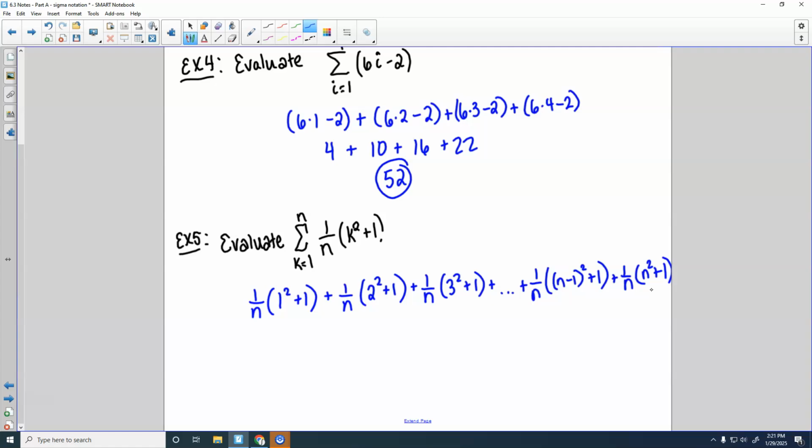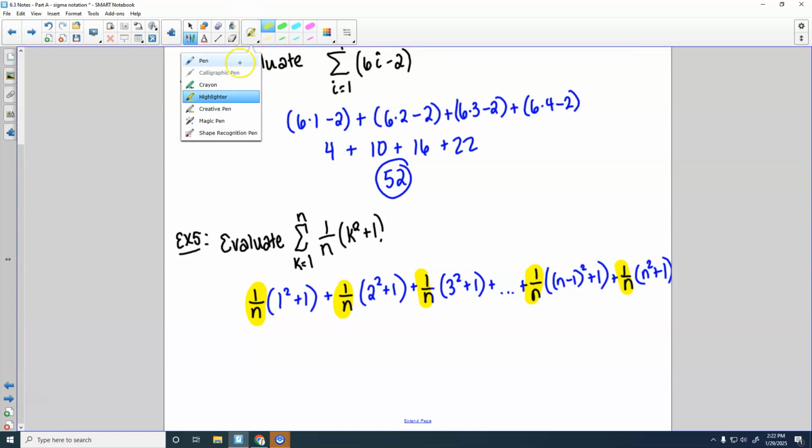Now I'm doing this because I want you to see something that happens with this. Whenever I write out the summation right here, every single one of them has a 1 over n, right? And even the ones in the middle that I didn't write have a 1 over n. Is it okay to factor out the 1 over n in that case?